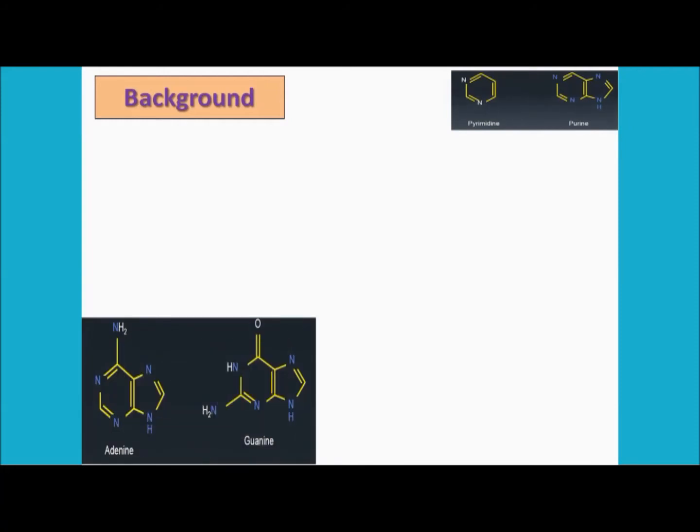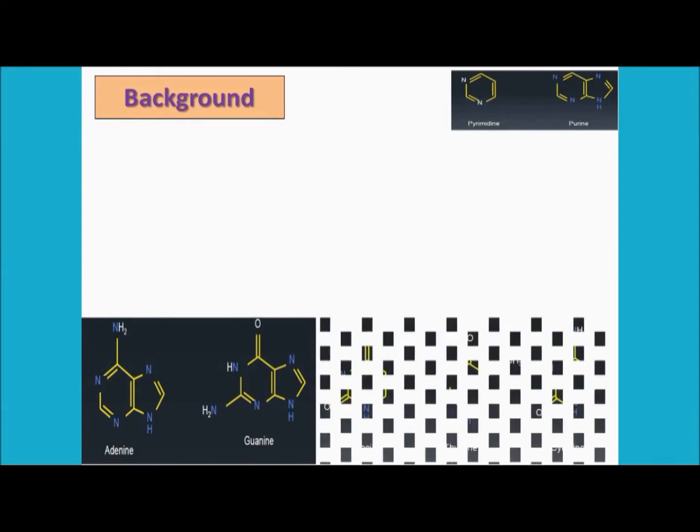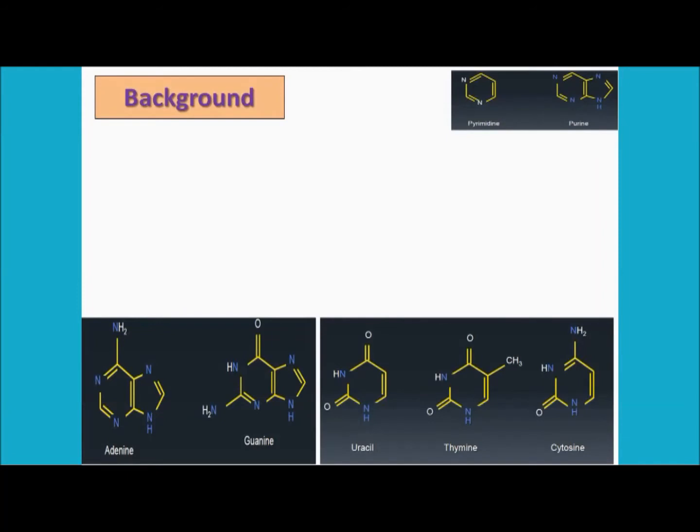Now the purines are generally adenine and guanine. So these are the purines which are found in the human body, or any cell, right? Moreover, examples of pyrimidines are uracil, thymine, and cytosine, right?